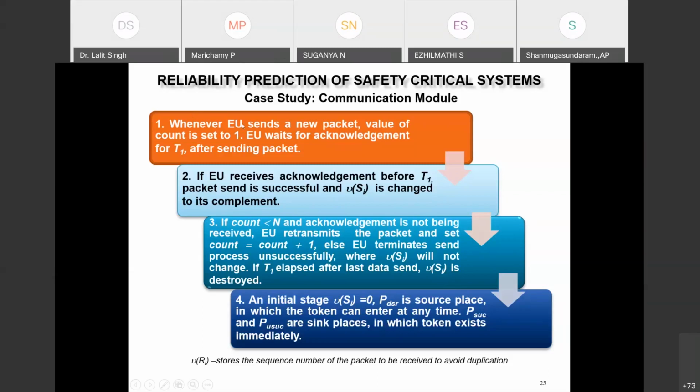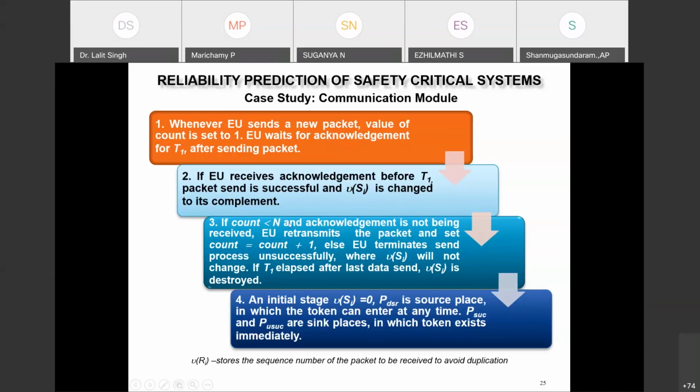Suppose there is an embedded unit which is sending some data, making some packet, and sending it to a graphical user interface. When the embedded unit sends a new packet, we keep a variable count and set it to 1. Then it waits for the acknowledgement for a certain period of time, for example T1, after sending the packet. If the embedded unit receives the acknowledgement before T1, then the packet send is successful, and we have kept one semaphore variable that we change, a kind of flag that the acknowledgement has been received.